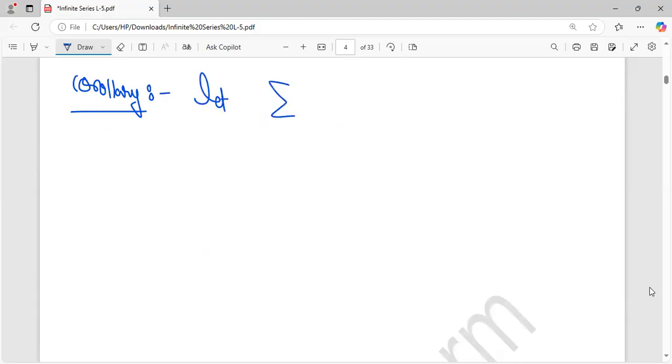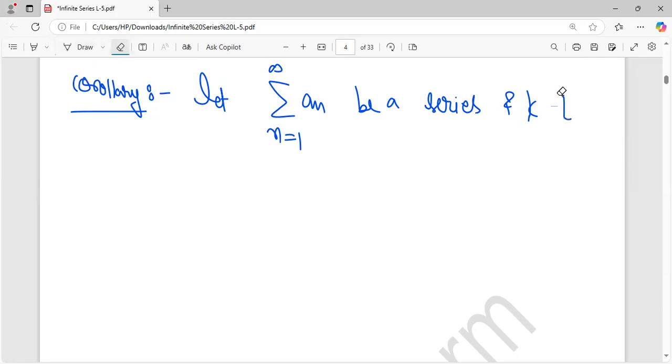Let this series summation a n be a series and k belongs to R, k is non-zero.